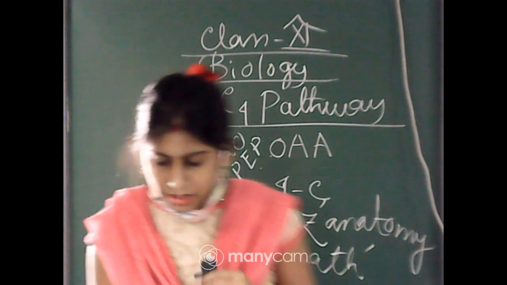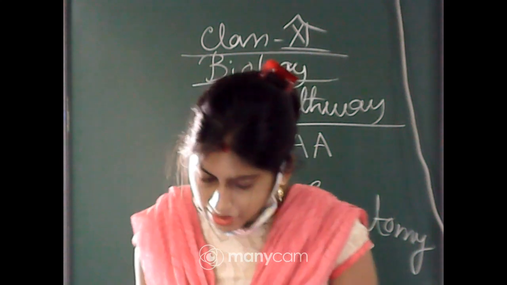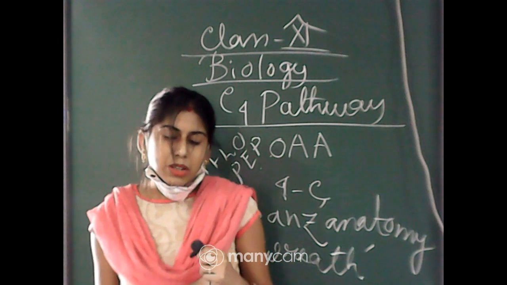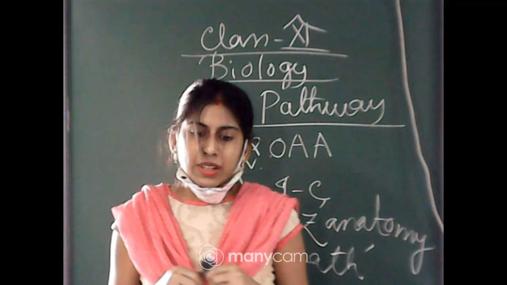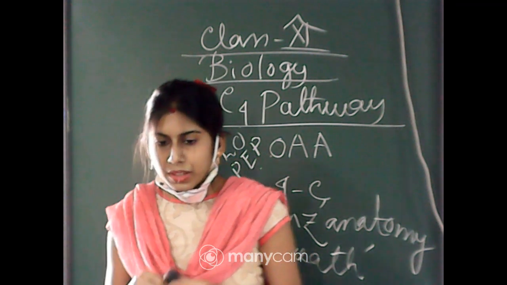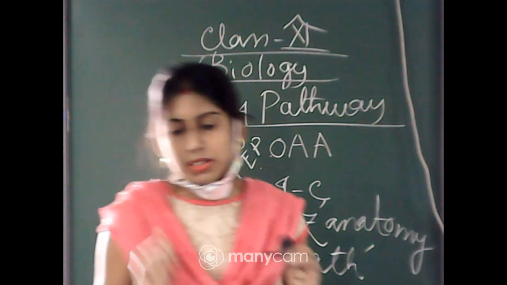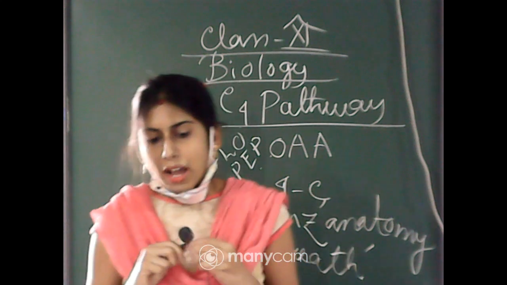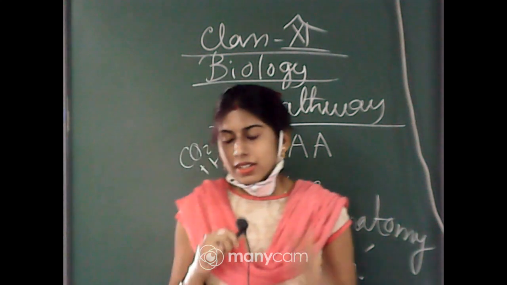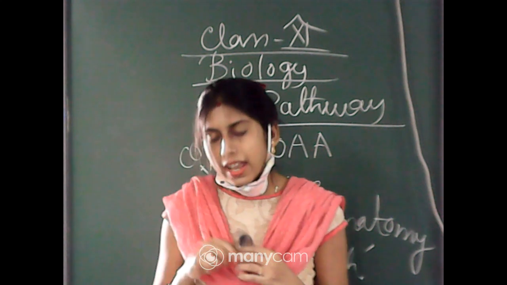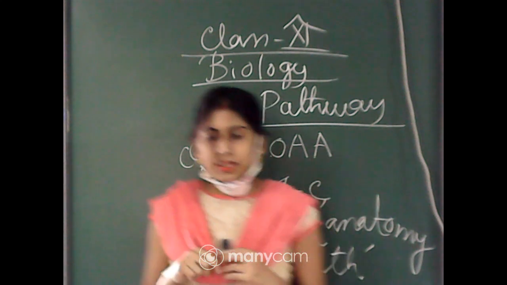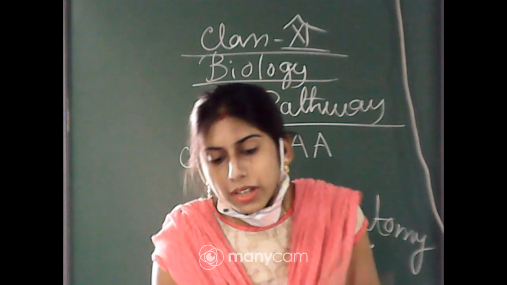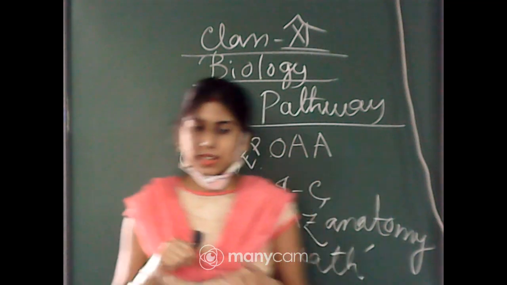Now, you can find a table on page number 221. If you fill that table, you will be able to find out some differences between C3 and C4 plants. I will suggest you, after reading these two pathways, try to fill that table, and if you face any problem, I will help you to solve it in my next class.